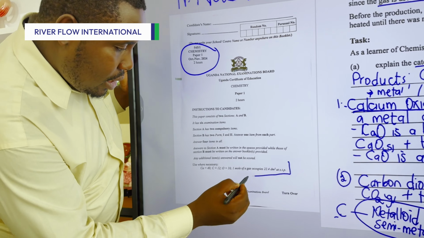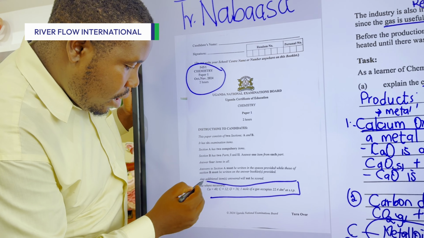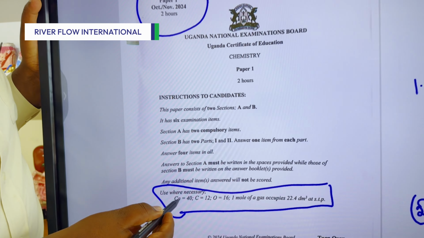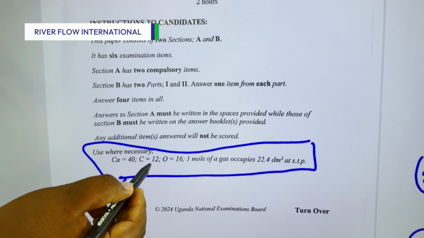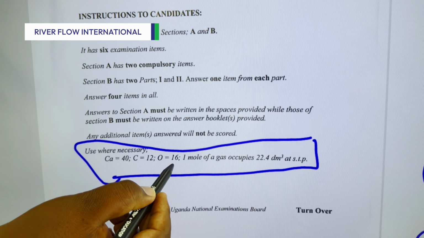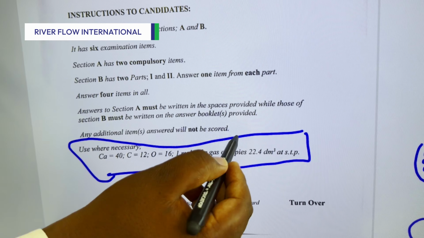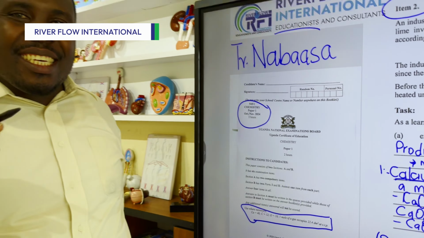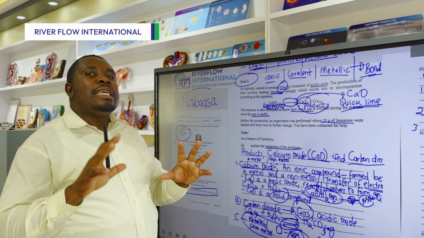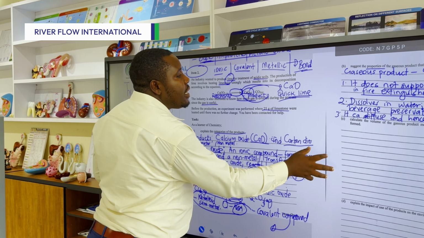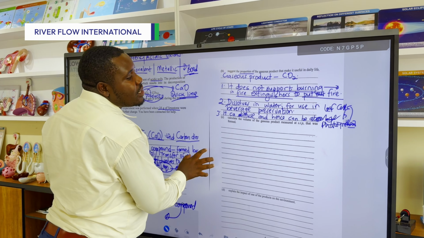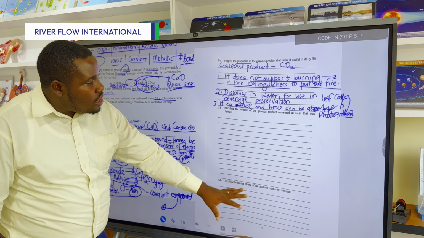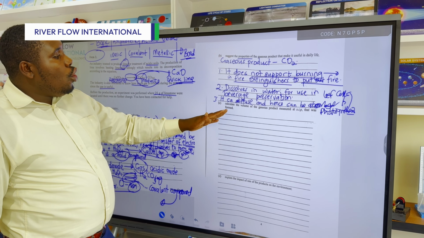There is this part on the front of the paper where they say use where necessary, calcium equals 40, carbon equals 12, oxygen equals 16. Then 1 mole of a gas occupies 22.4 decimeters cubed at STP. This is not actually put out for fun. It is one thing that you will need to do numbers like this, because they know you are going to need it somewhere.